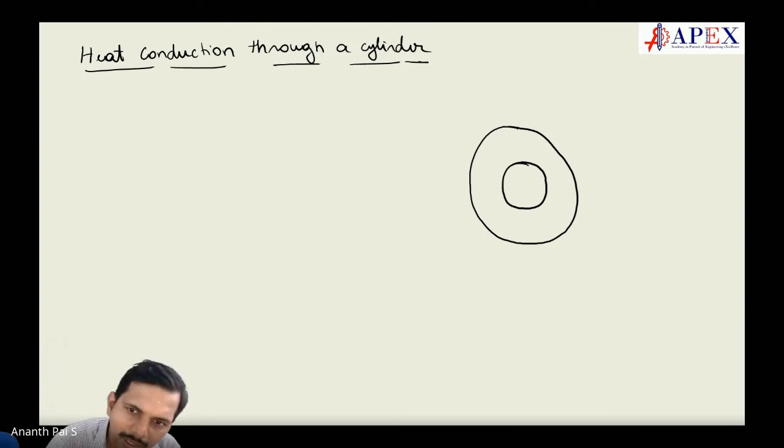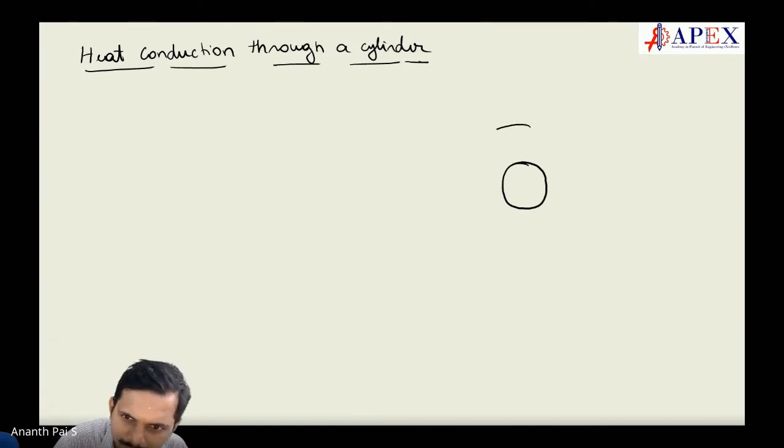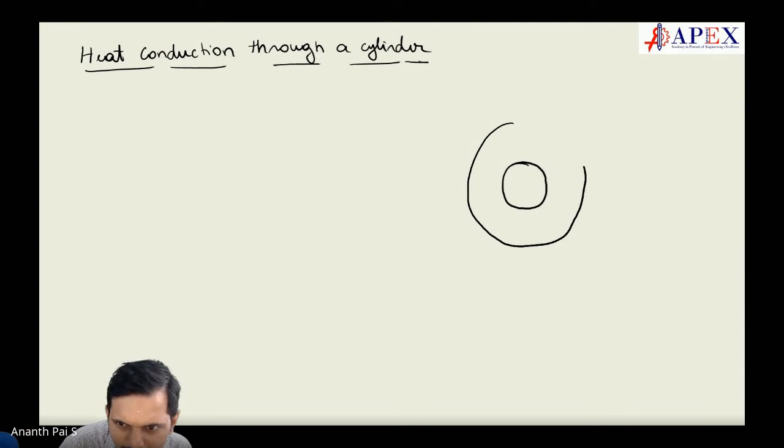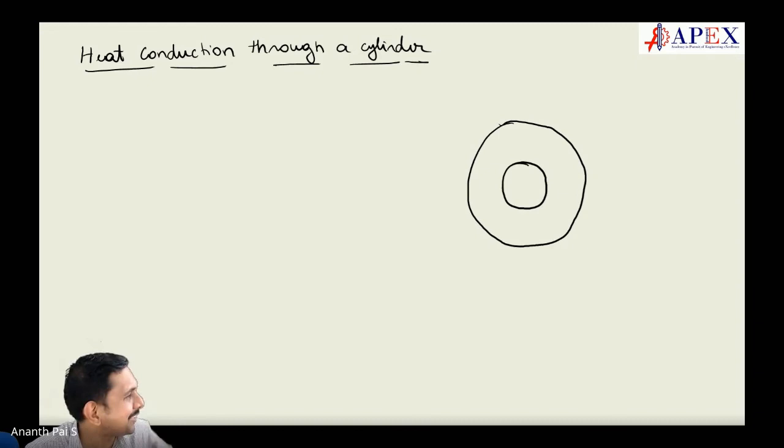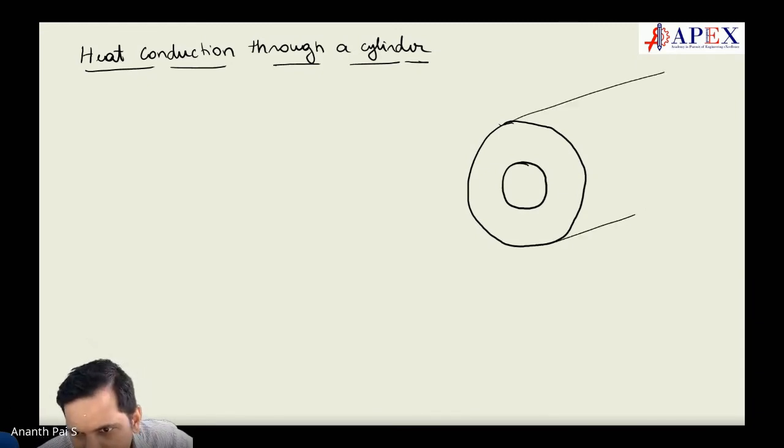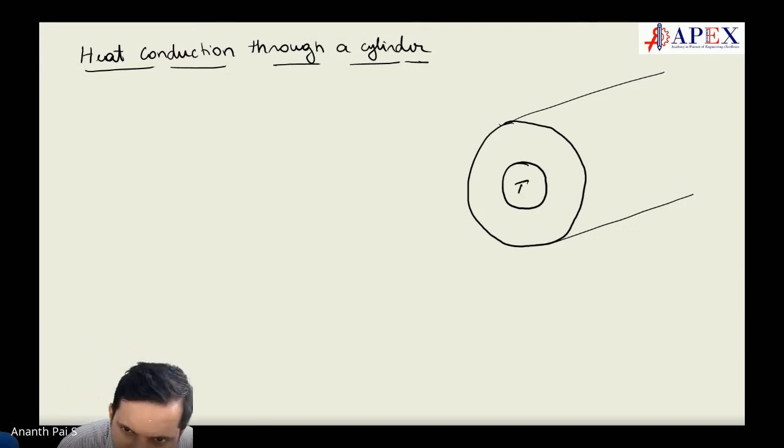Let us look at it like this. This is the cylinder, and here the temperature is T1. Outside, the temperature is T2, and this is the cylinder.